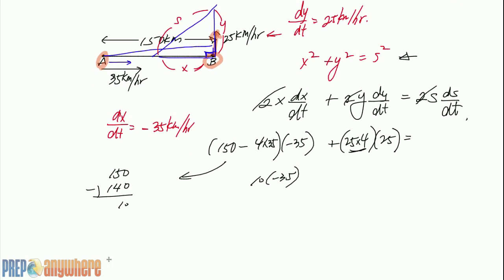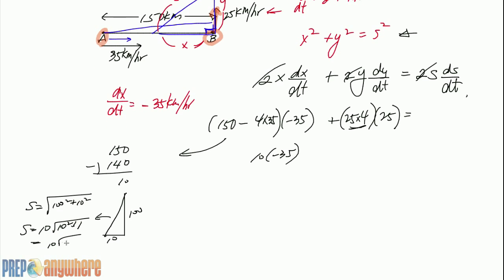So we have a triangle that looks like this, with sides 10 and 100. The length of s will be the square root of 100 squared plus 10 squared. You can factor out a 10, and you get 10 times the square root of 10 squared plus 1, so it's 10 times root of 101.